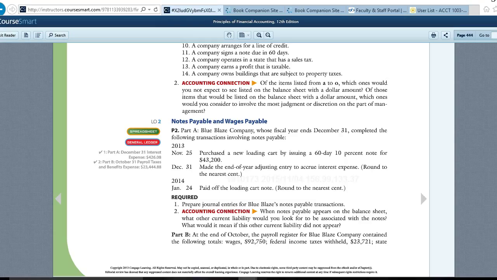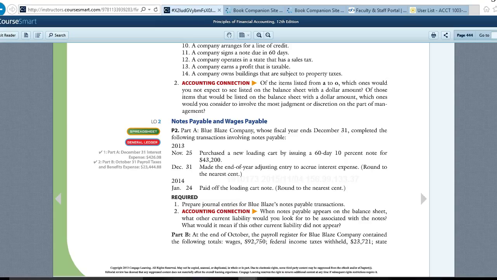So he needed to borrow money. On November 25th, he took out a loan. On December 31st, he made the end-of-year adjusting entry to accrue the interest expense. Now, guys, he's not going to pay this note off until January 24th.